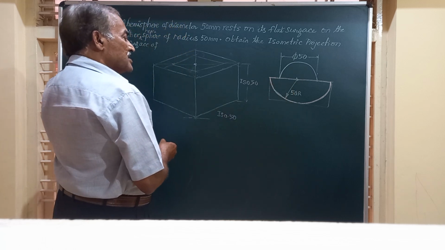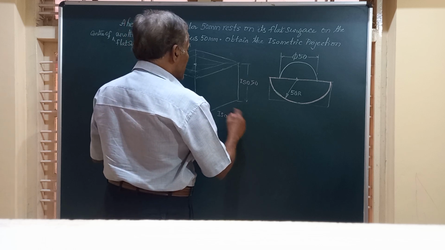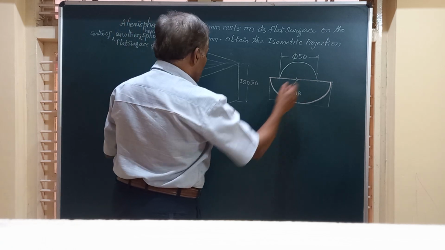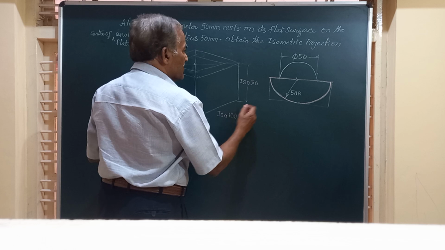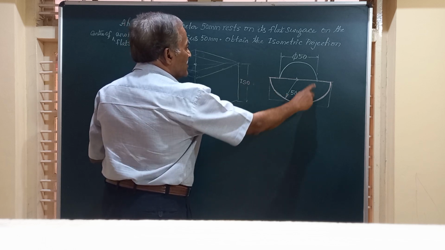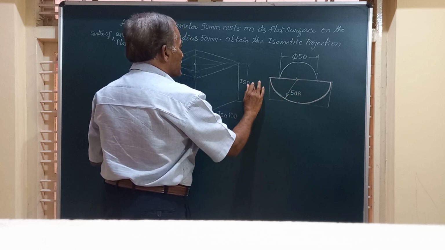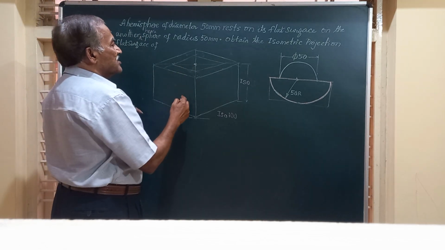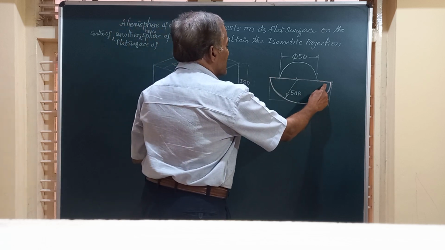And this side is not 50, it's going to be ISO 100, because the diameter is 100 and the height is equal to the ISO radius.